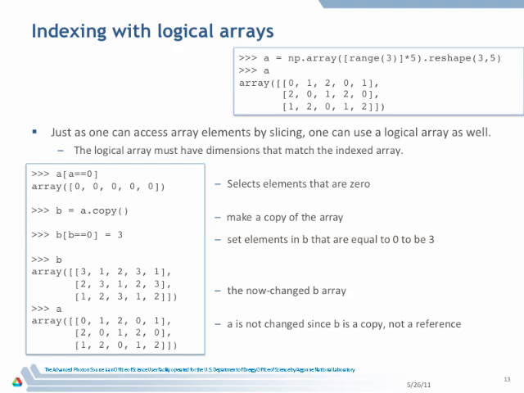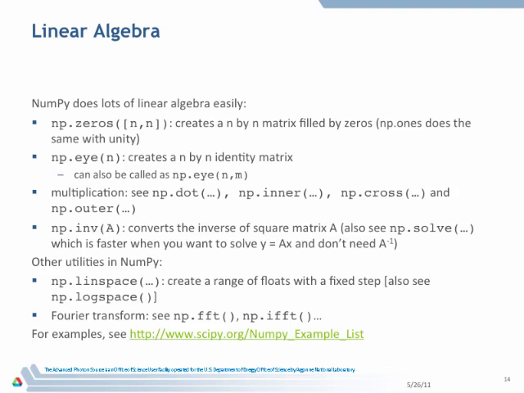Okay, so let's talk briefly about linear algebra. Lots of linear algebra can be done. You can call np.zeros to create a matrix filled with zeros. np.ones will give you a matrix where every element is 1.